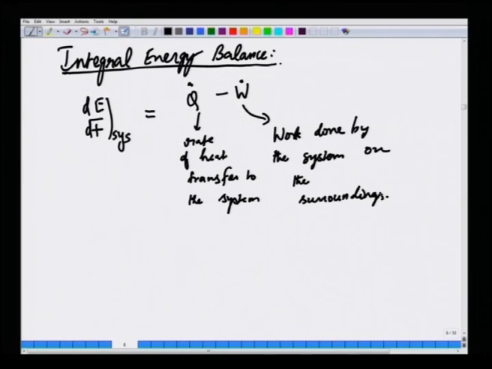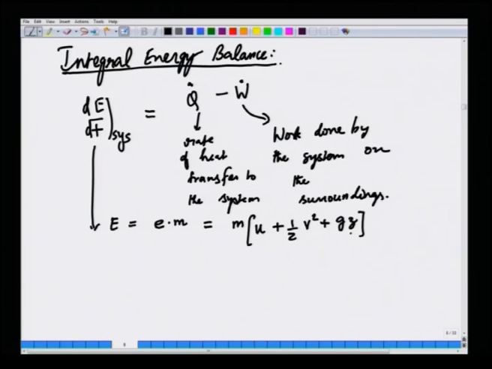Now, we can convert this, where E is essentially the specific energy times mass, the mass of the system, and that is equal to mass times U, the specific internal energy, plus half V squared, the specific macroscopic kinetic energy of flow, and the potential energy g z, times m.